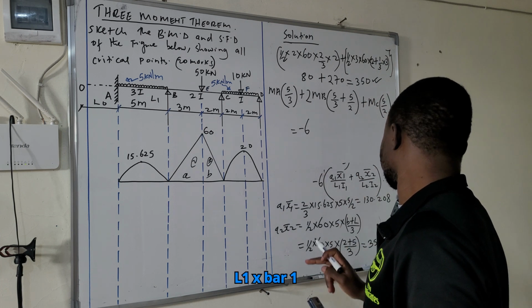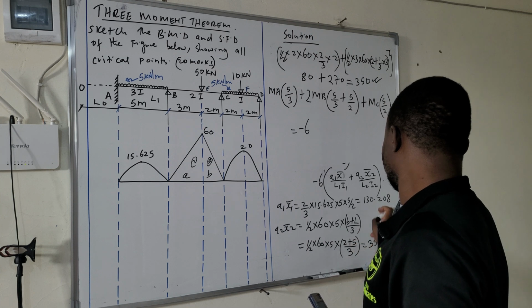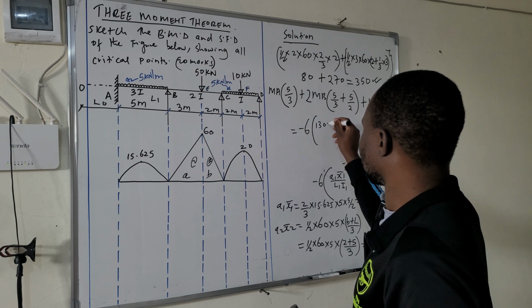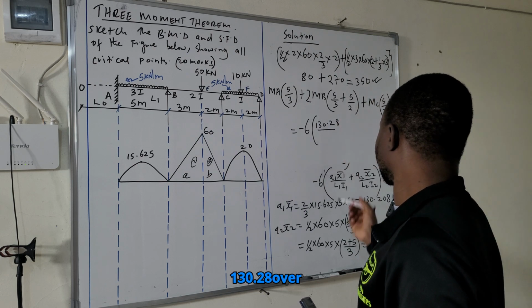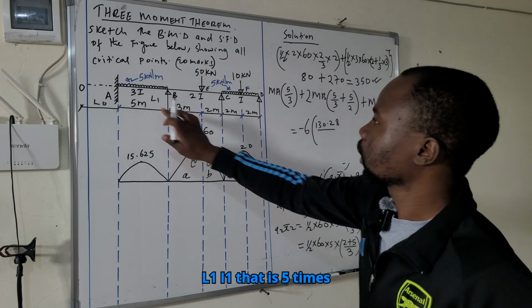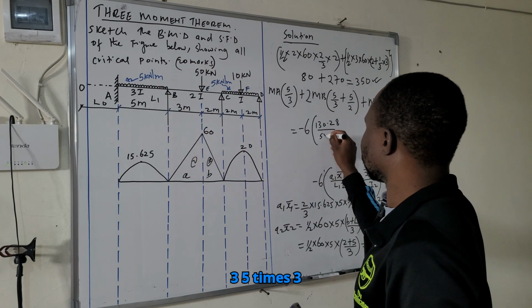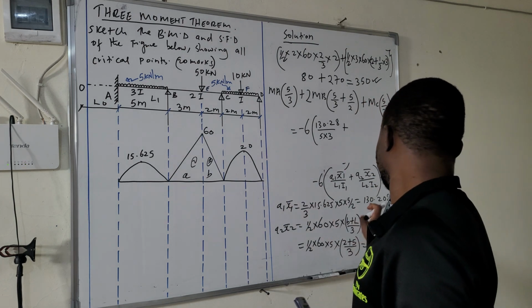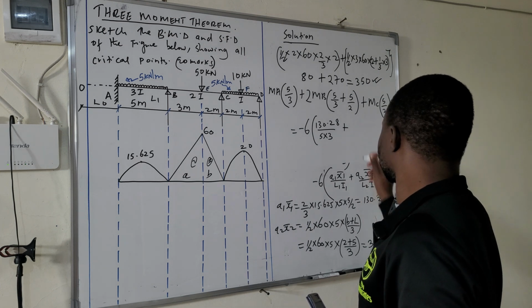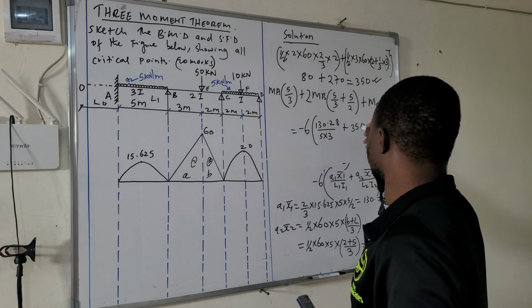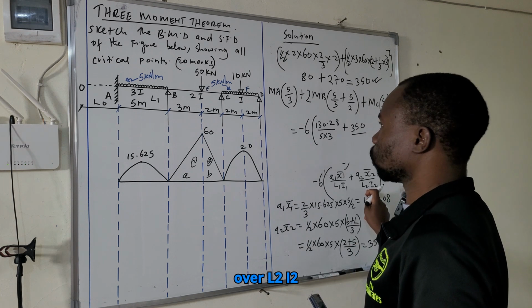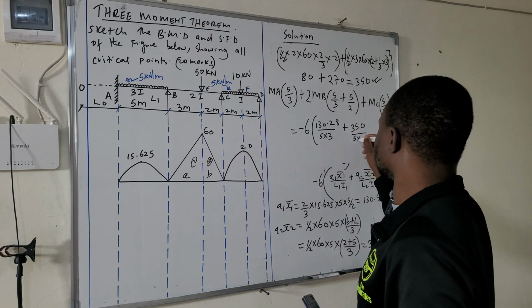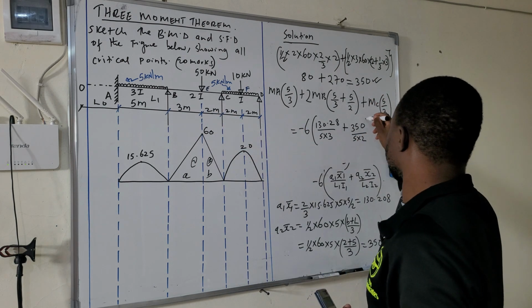A1 x bar 1 is 130.28. So 130.28 over L1 I1, that is 5 times 3, then plus A2 x bar 2, 350 over L2 I2, so that is 3 plus 2, that is 5 times 2, because it's 2I.